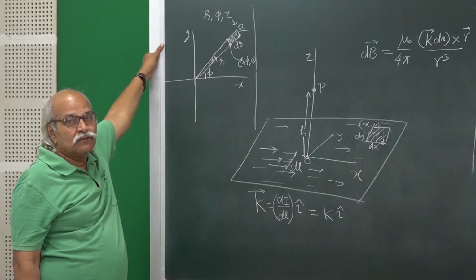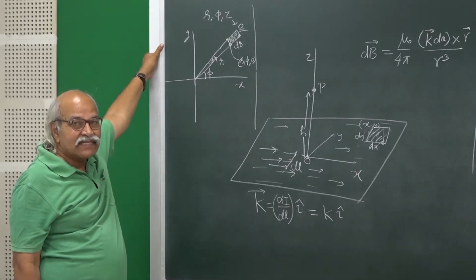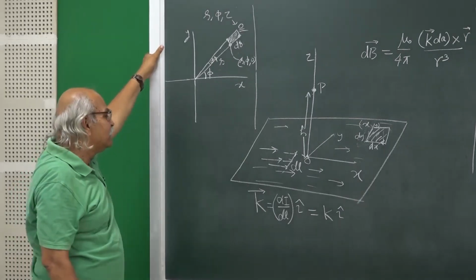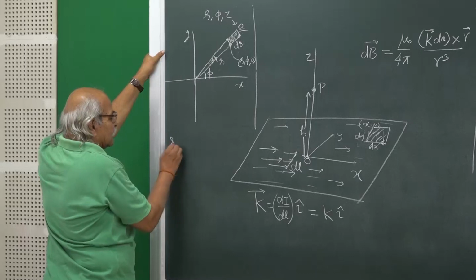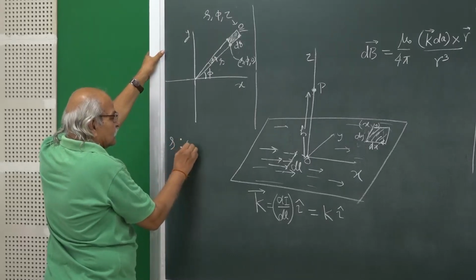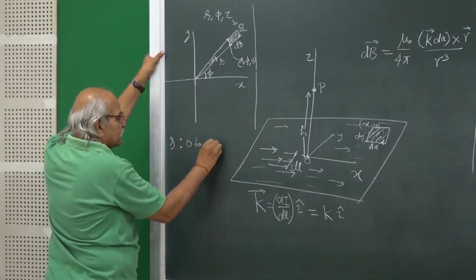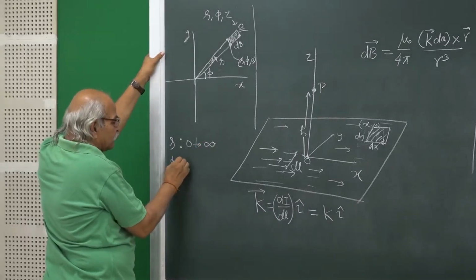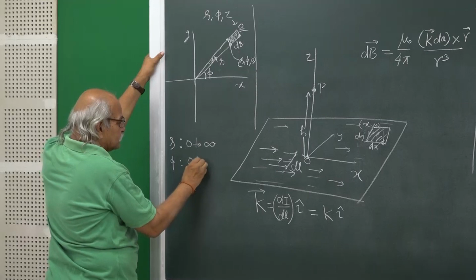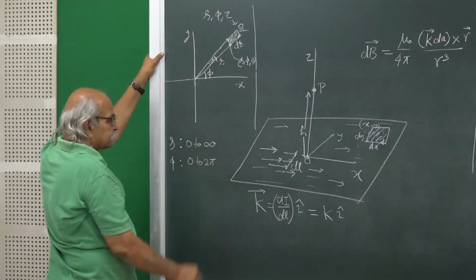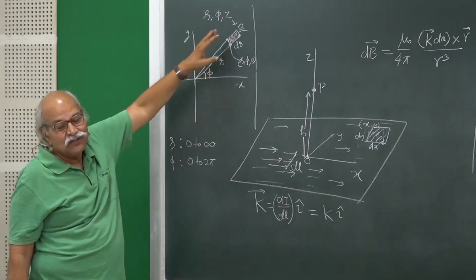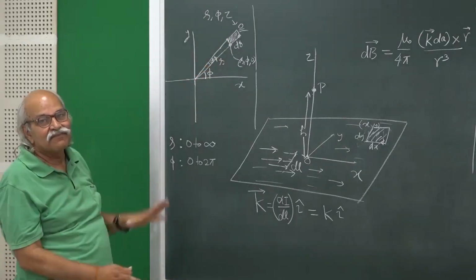Now, if you change s from 0 to infinity, positive values all the time, and phi going from 0 to 2 pi, and construct such areas, you can see that you will cover the entire xy plane.